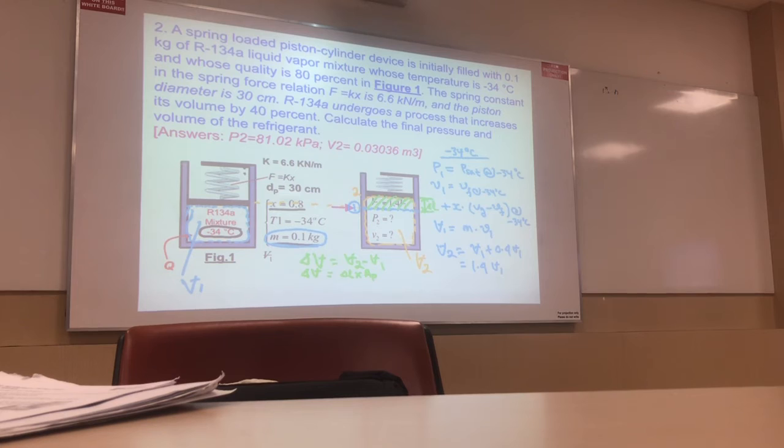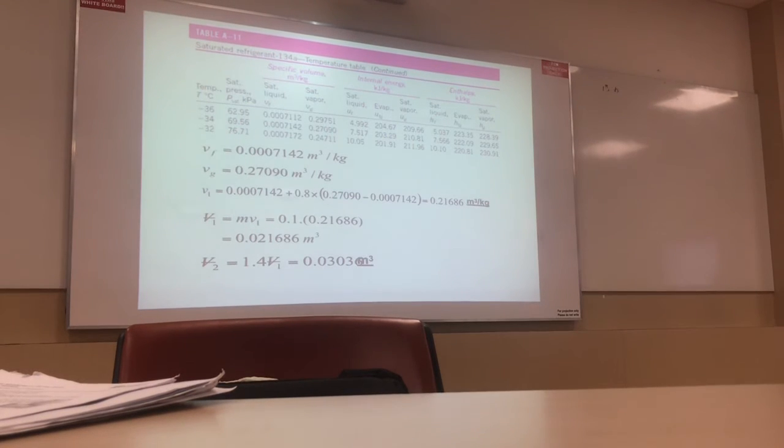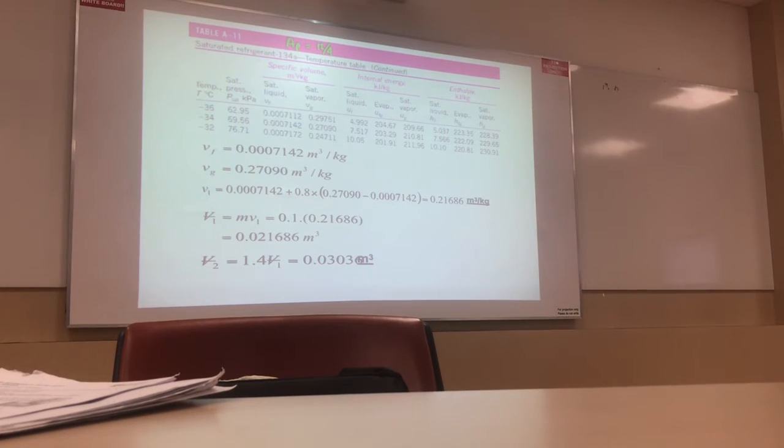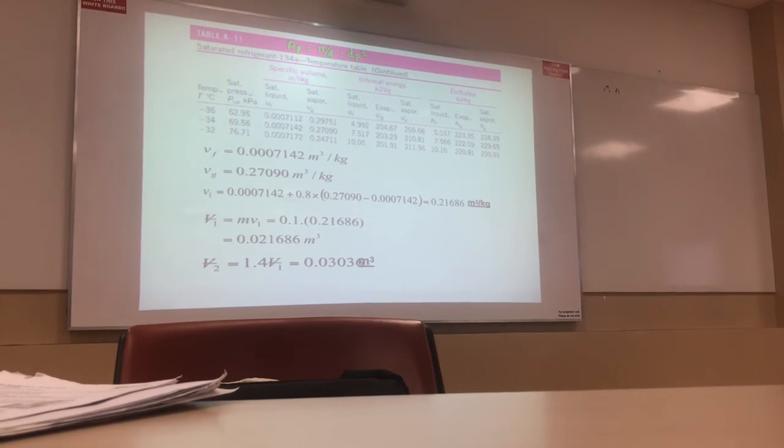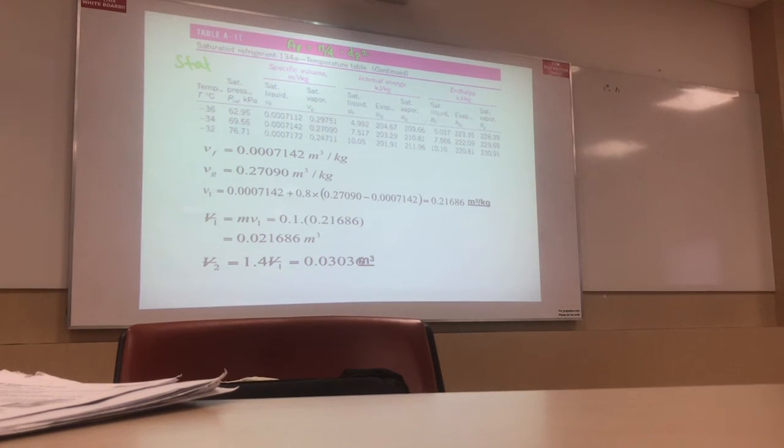Now, to remember what I said, I also said the area of the piston is pi by 4 dp squared, where dp is the diameter of the piston. Good. So what is state 1? State 1, now I am putting in the values.